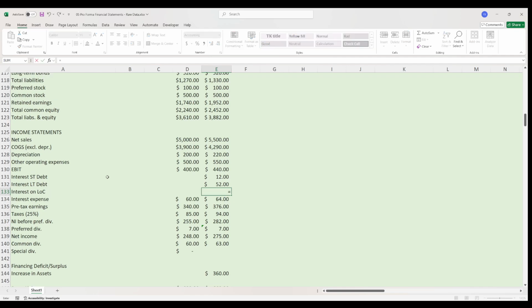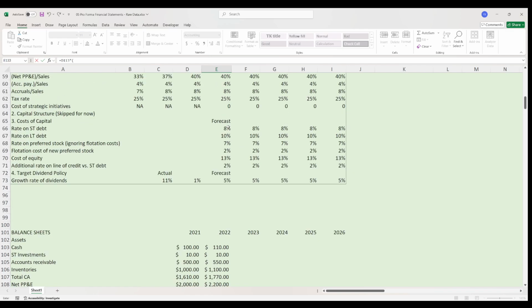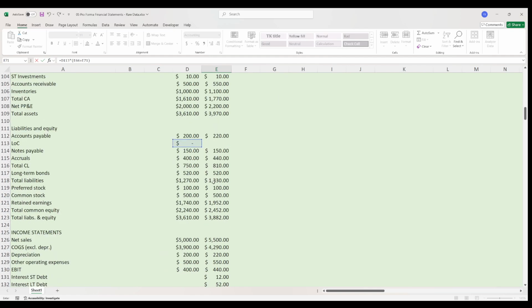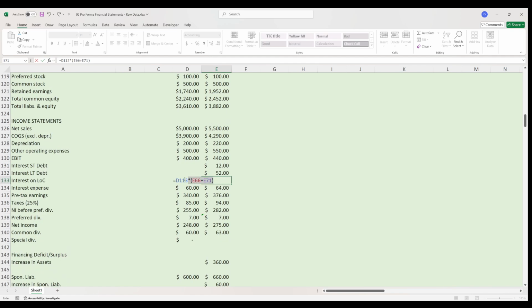So the interest on line of credit is determined by the previous line of credit balance multiplied with the rate on short-term debt plus the additional rate on the line of credit, right? So it's just one way to define the rate on line of credit. I can just say it's 10%. Either way, it's fine. It's just to make it a little bit more complicated. But the idea is still using the balance to multiply with the rate, okay? So that's the interest on the line of credit.